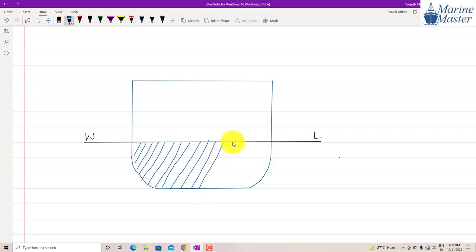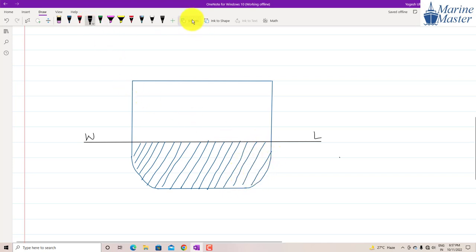This hatching portion denotes water displaced. What is the meaning of water displaced? Earlier, before the ship came, the water was in this portion, and this place of water is now taken by the ship. So here water is displaced by the ship.